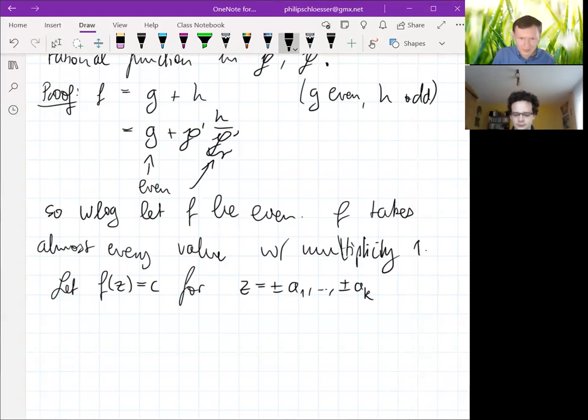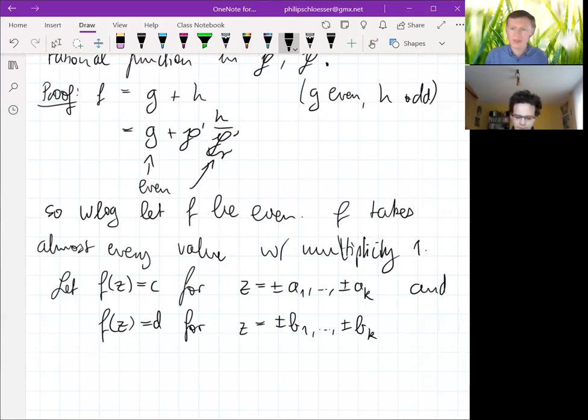So when it takes c 2k times on p, we can write it this way. And similarly, let's take another value d that it takes only simply, for now the values b1 and so on until plus or minus bk.